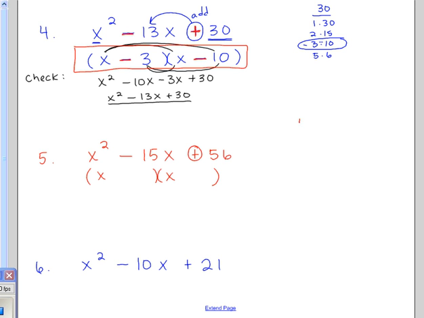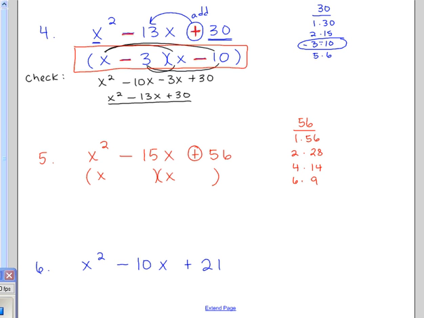So I want to know what two numbers will multiply to be 56. 1 times 56, 2 times 28, 3 will not go into 56. 4 times 14, 5 will not go into 56, 6 times 9.